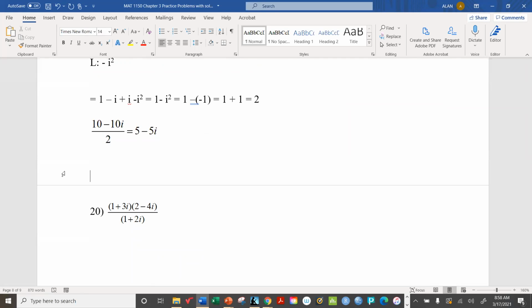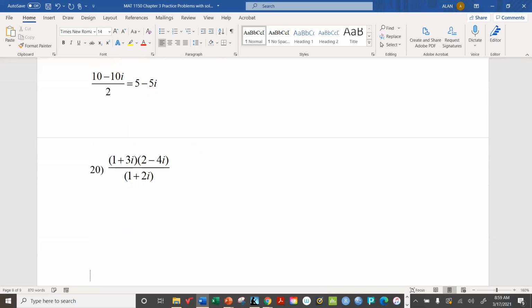All right, and then there's one more, and then we're done. By now, we're basically experts on complex numbers. So let's try this one. We'll do the same approach. We'll start out by using FOIL in the numerator, because we may be able to reduce it to something much simpler. All right, simplification is always something we want to do whenever possible.